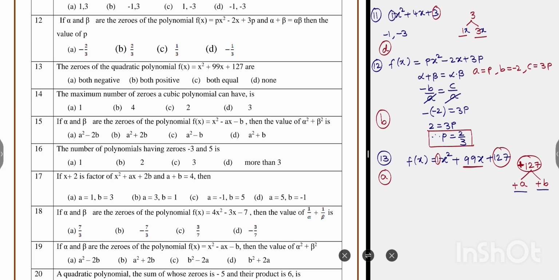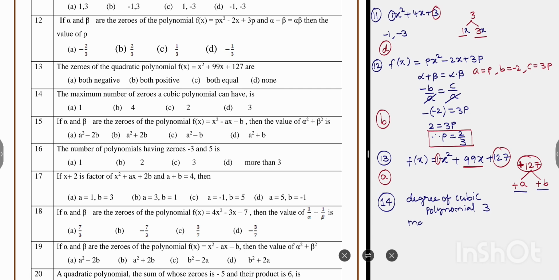Now question number 14. The maximum number of zeros a cubic polynomial can have. What is the degree of a cubic polynomial? The degree of a cubic polynomial is 3.